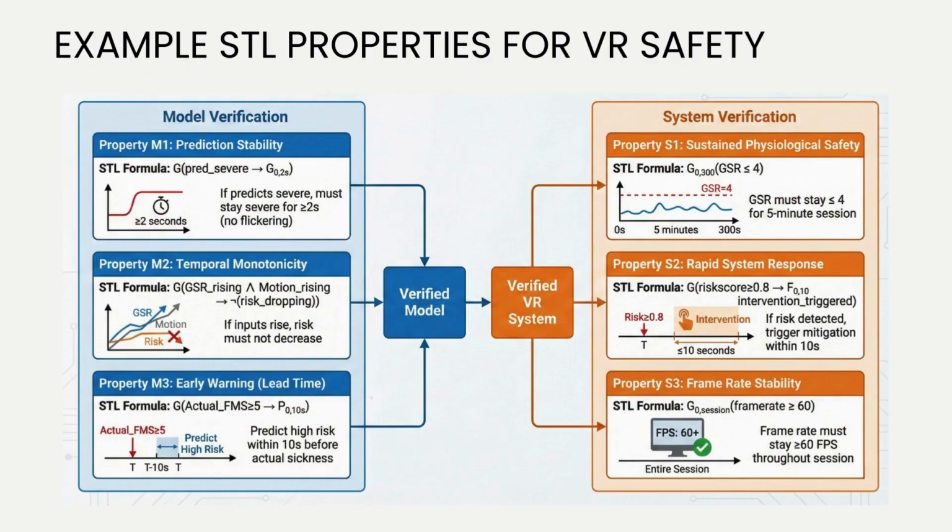As we can see on the right side, model verification verifies the predictor's behavior like stability, monotonicity, and lead time. And on the right side, as we can see, system properties verify actual runtime safety, like whether the user's physiological state stays safe or not, whether the system responds in time, and whether rendering stays smooth or not.